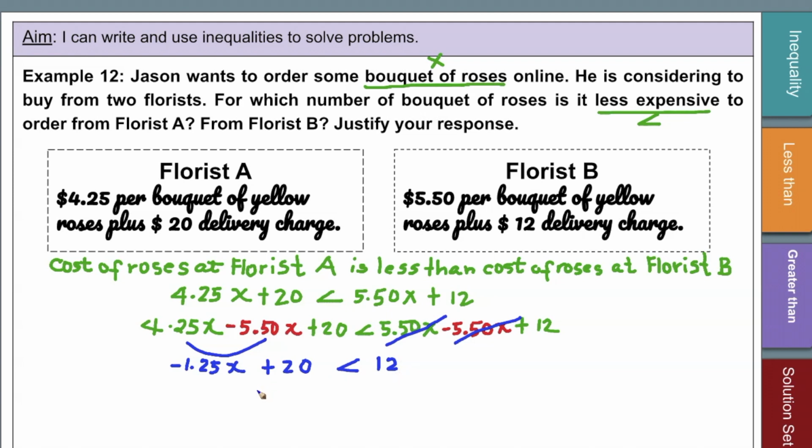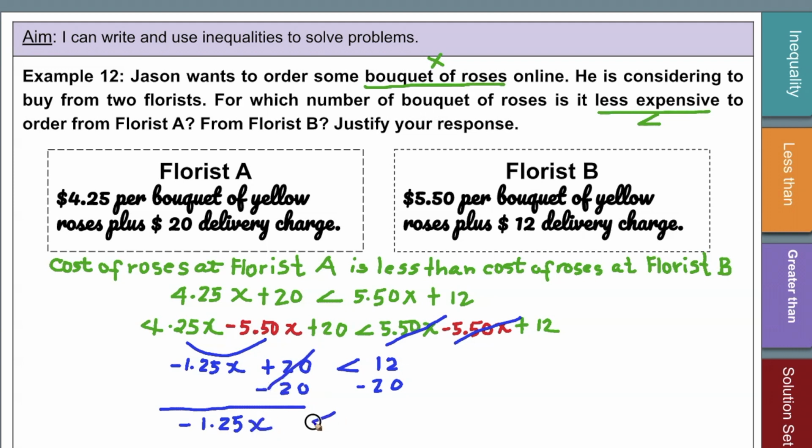So $4.25x minus $5.50x plus 20 less than $5.50x minus $5.50x plus 12. That would leave us negative 1.25x plus 20 less than 12.